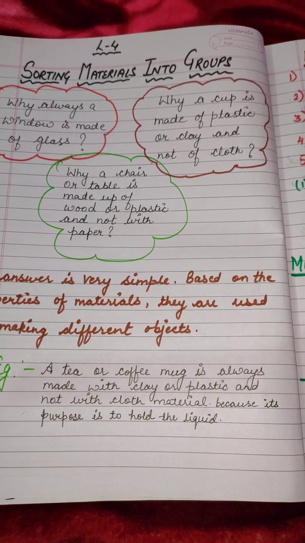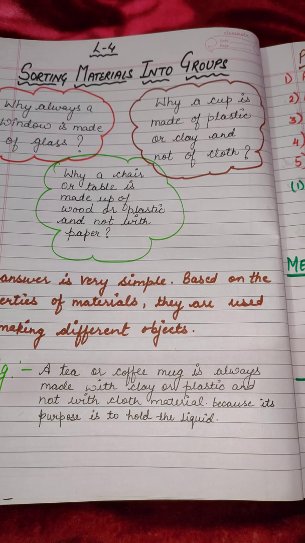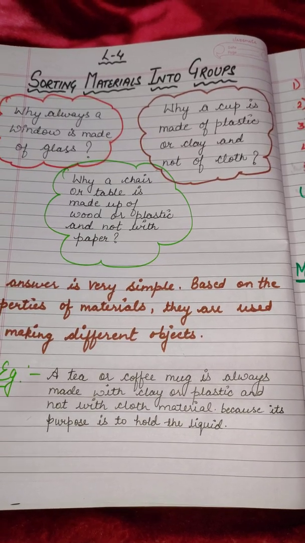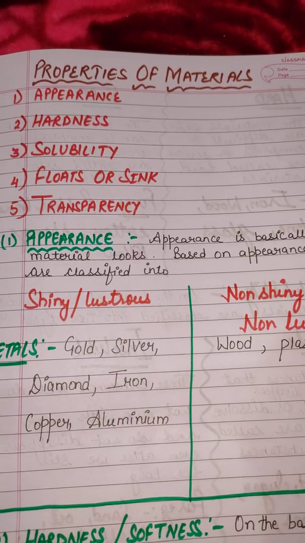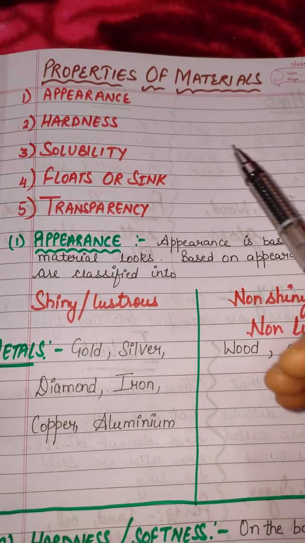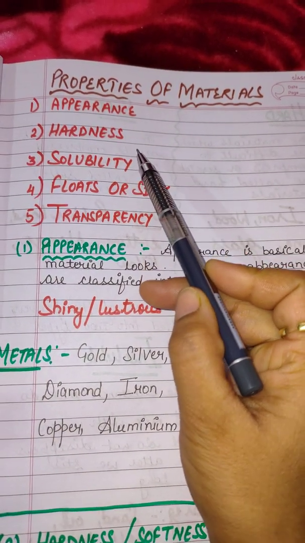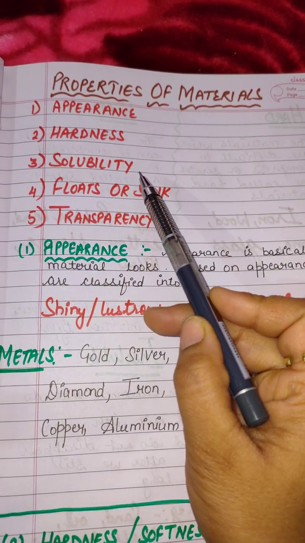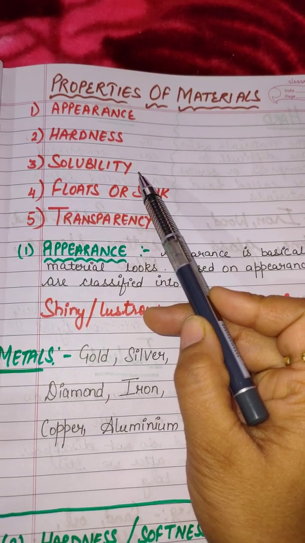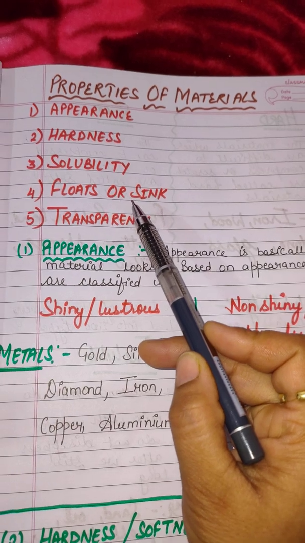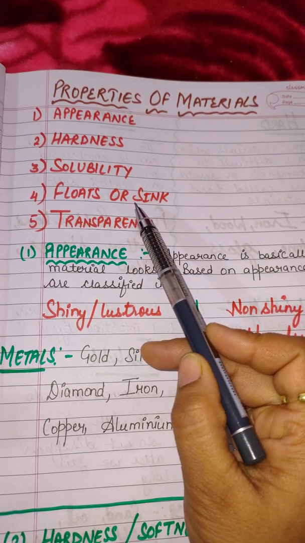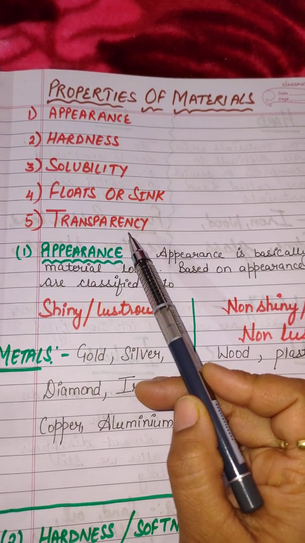Now we will study the properties of materials. The different properties we will study are appearance, hardness, solubility of material in water, whether the material floats or sinks, and its transparency.